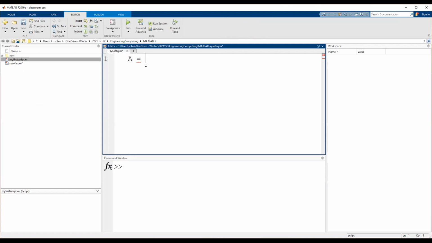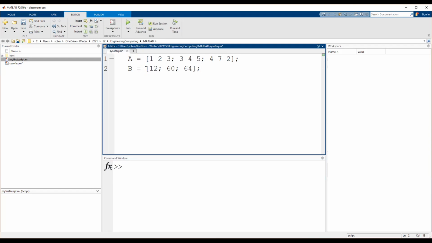My matrix A: 1, 2, 3, that is the first row. Second row, 3, 4, 5. Then my third row, 4, 7, 2. Okay. Then my matrix B, that is the output answers. So they are 12, 60, and 64.